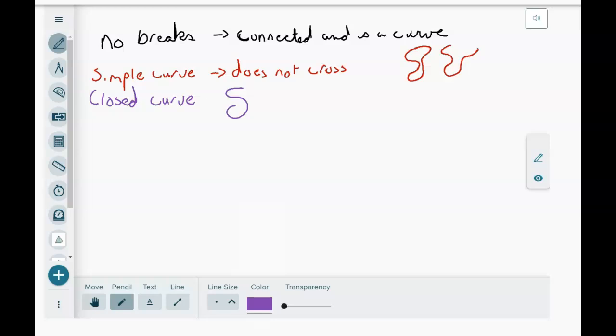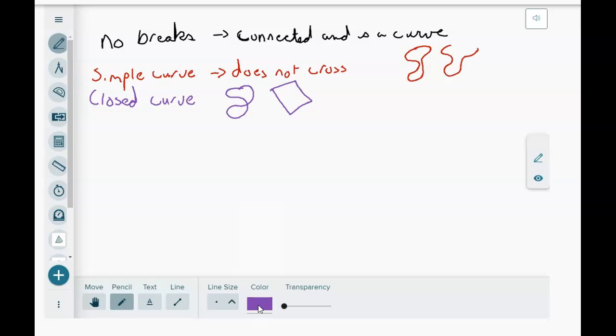So, like this. Or a curve could actually have straight edges. That's a closed curve. Now this is a simple closed curve because it doesn't cross itself.